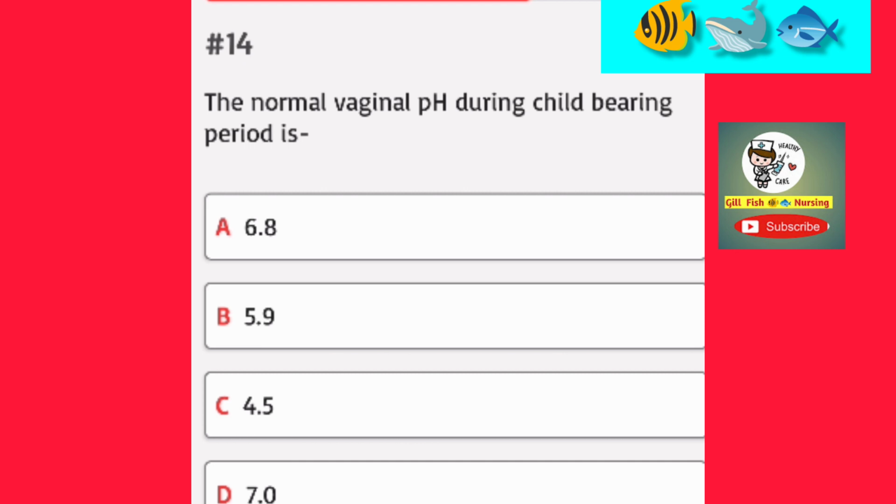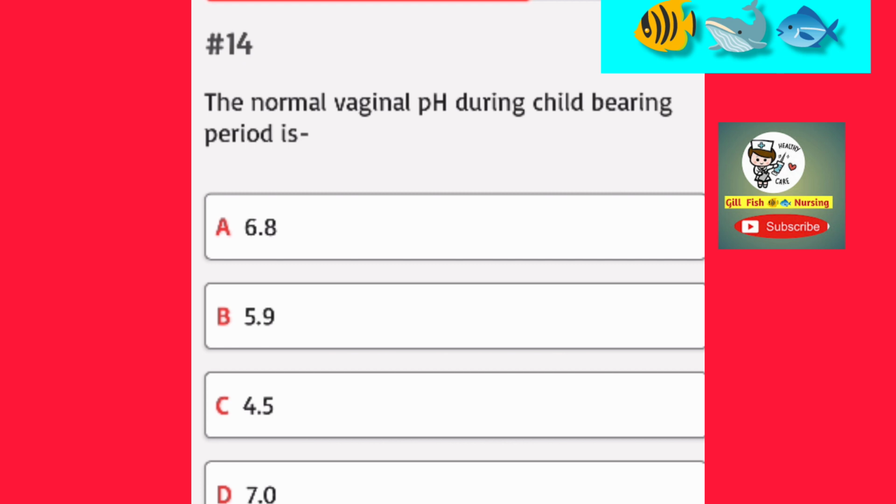The normal vaginal pH during the childbearing period is: A 6.8, B 5.9, C 4.5 and D 7. You know that we have already seen in the previous questions that the vaginal pH is usually acidic in nature.